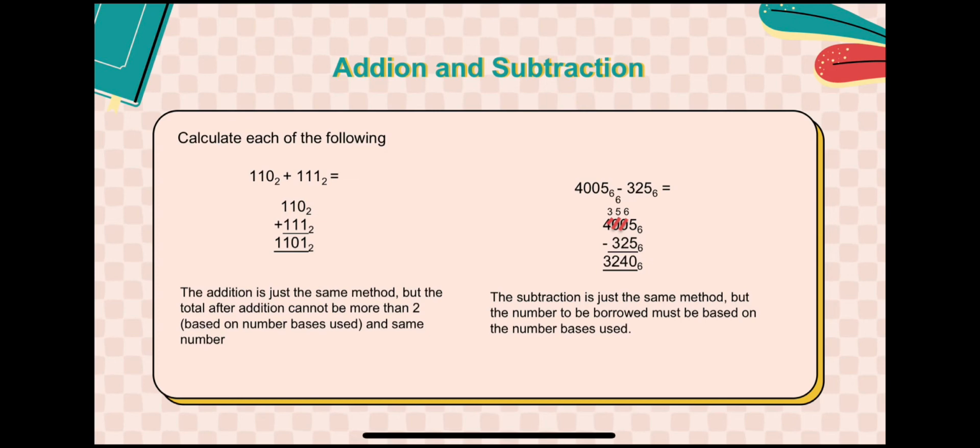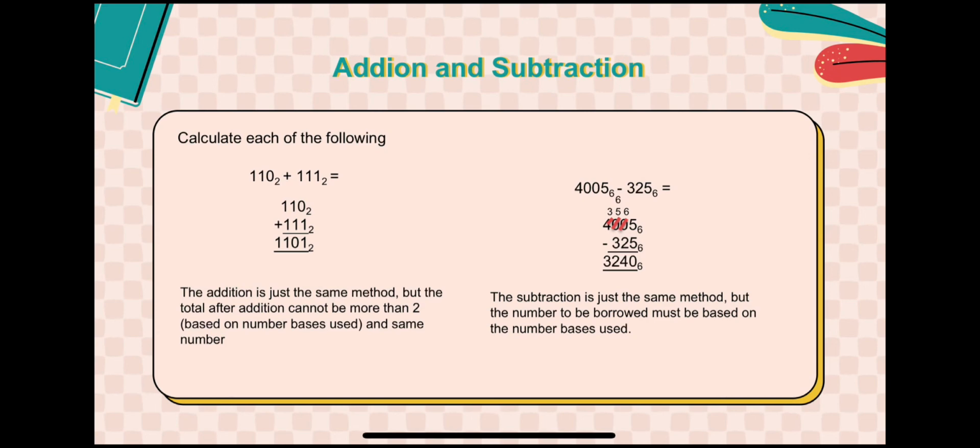The calculation is a bit different from before. The last digits are 0 plus 1, so we have 1, and then 1 plus 1 is 2. But we can't put 2 in the answer below.